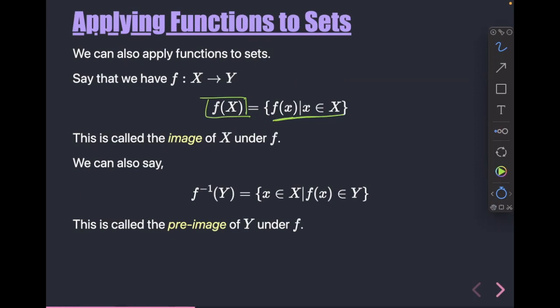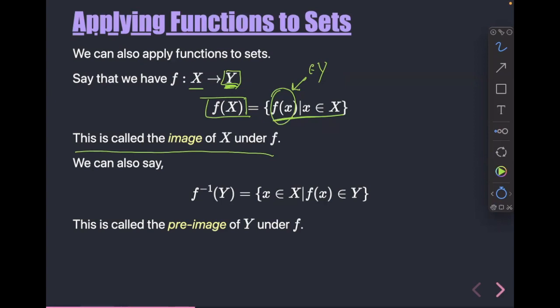The idea is that if I'm mapping from X to Y, then you should end up with elements all in Y. So all of these elements, f of x, should be in Y. This can also be called the image of X under f. That's just terminology we use: if you're applying a function to every element of a set, that's the image of that set.